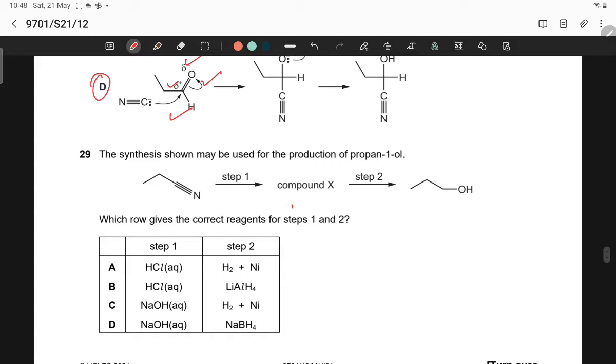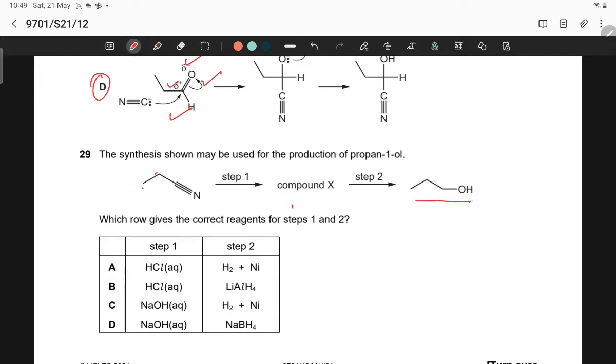The synthesis shown may be used for the production of propan-1-ol. The synthesis shown starts from propanenitrile.